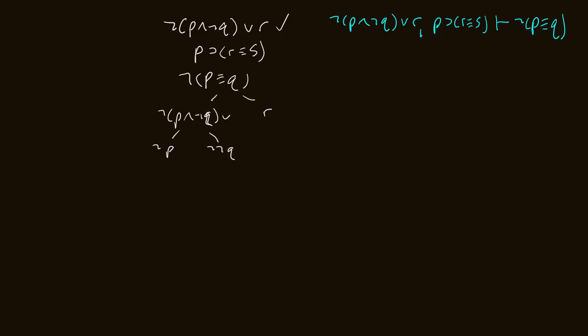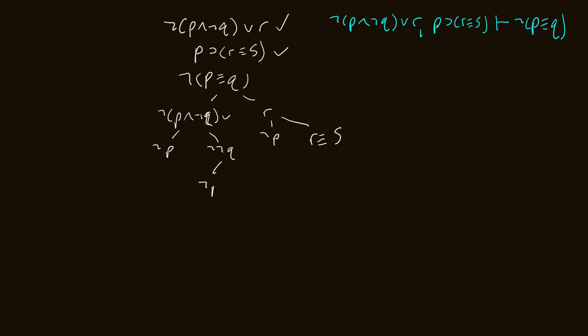All right. Now the next thing I'll do is unpack our second premise. Our second premise is going to become not P or R if and only if S. And I have to apply that to all three branches I have already made. So we're going to have not P, and then this will become R if and only if S. And we have to put that everywhere.